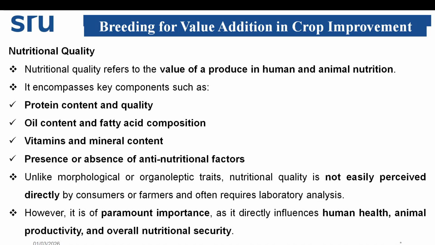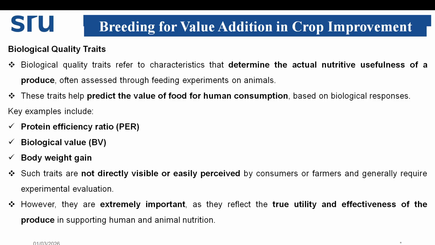So unlike morphological or organoleptic traits, nutritional quality is not easily perceived directly by the consumers or farmers and often requires laboratory analysis. However, it is of paramount importance as it directly influences the human health, animal productivity and overall nutritional security. So that's why these nutritional quality traits have their own importance.